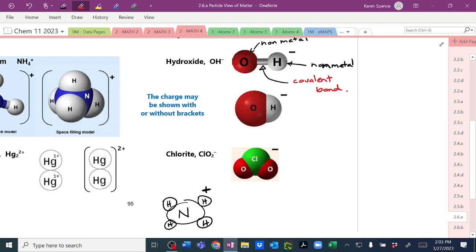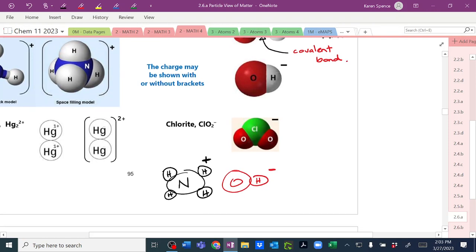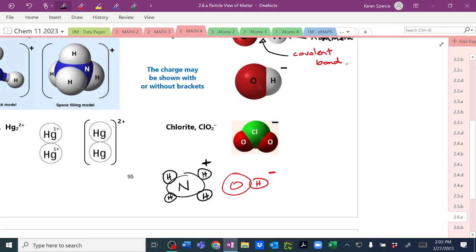And I'm also going to draw an OH, a hydroxide ion, an O and an H. So this is ammonium hydroxide. That would be the compound name.